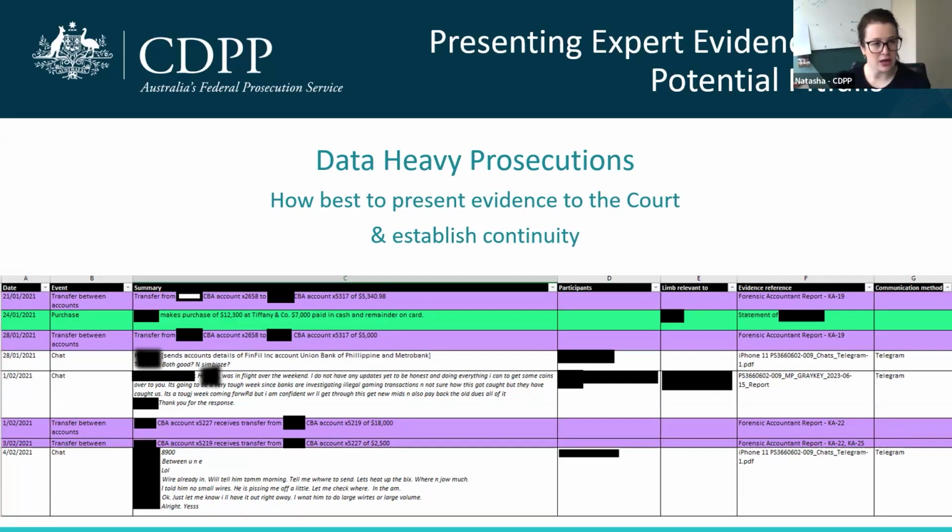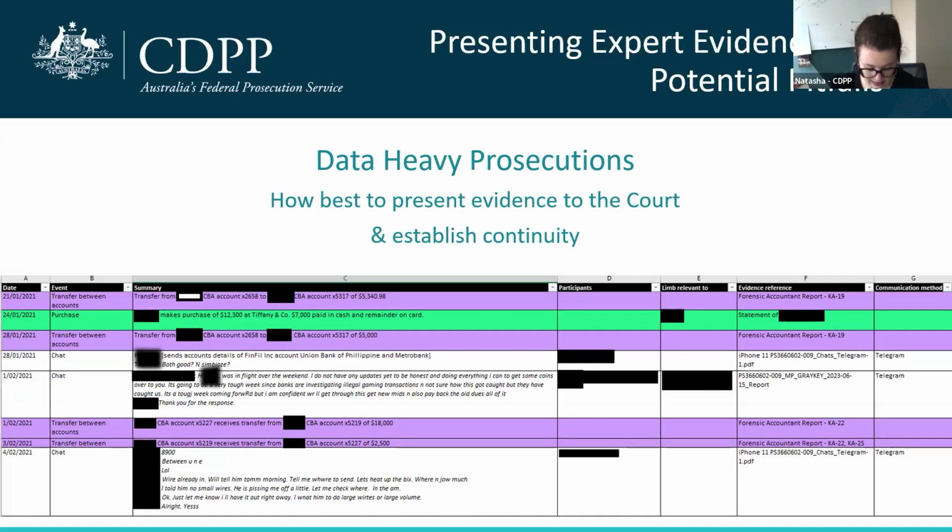That they made no changes to the data when they did searches. So it's important as well that when you are confining analysis of evidence to things like keyword searches, or you're not going through an entire device, that this is also disclosed to defence.